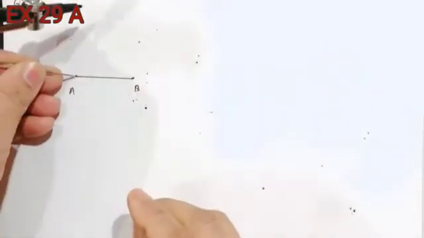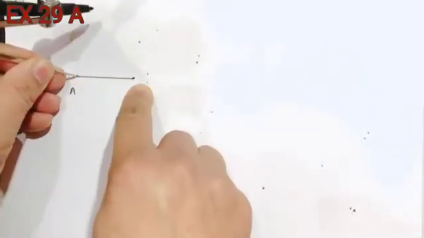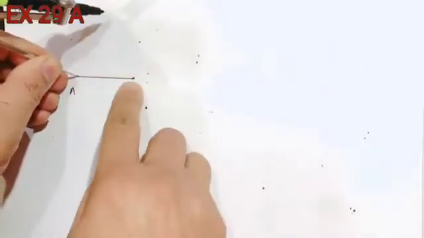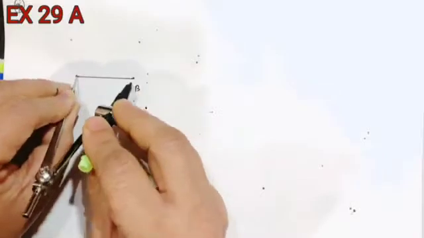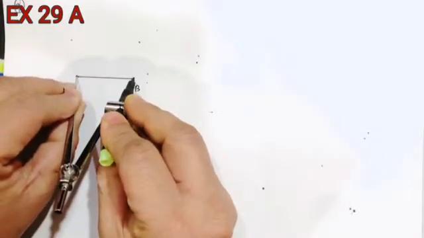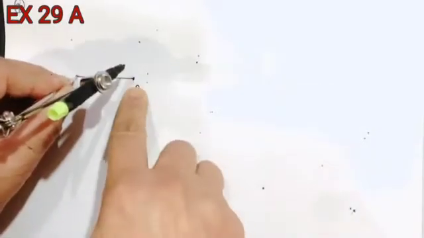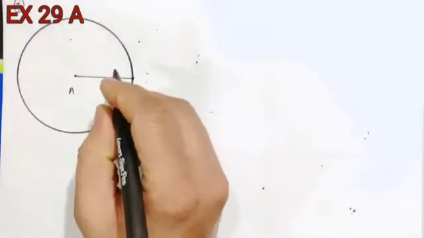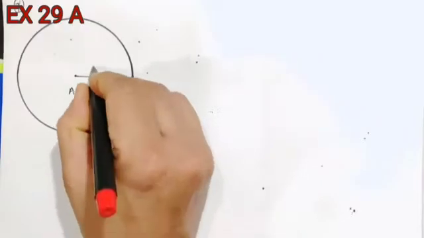If the circumference will lie on B, the length of the radius should be 4 centimeter. Clear? See, this particular circle will really pass through B, whose radius is 4 centimeter.